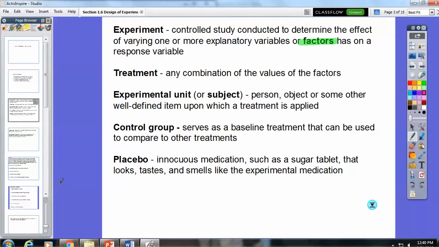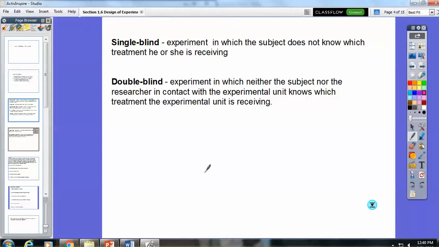Okay, so in some of these scenarios, we can have what's called a single blind or a double blind experiment. A single blind experiment would be when the subject doesn't know what treatment you're giving. So I'm going to do a trial.